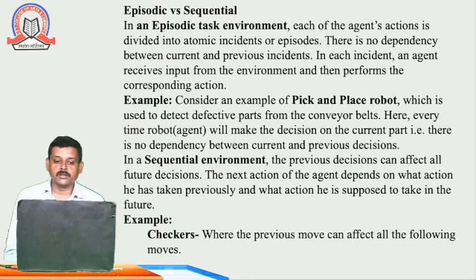For example, the next action of an agent always depends on what kind of action the agent has taken previously. If we take the example of checkers, a previous move affects the next move.